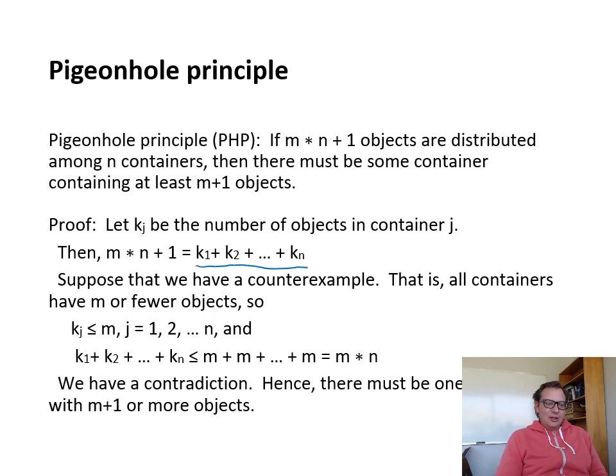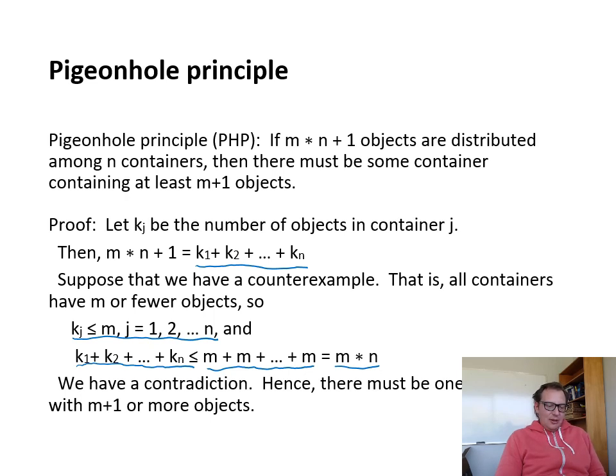Now let's assume that we have a counterexample. So this is a proof by contradiction, meaning that all containers have m or fewer objects. So in that case, Kj is less than or equal to m for all j. And then we have that the sum of all these Kj is less than or equal to m plus m plus m plus m, which is equal to m times n.